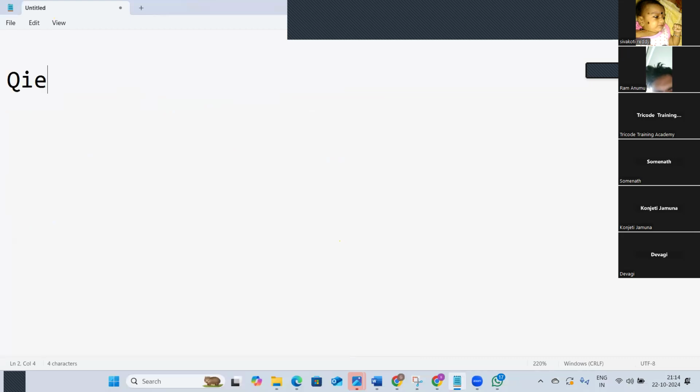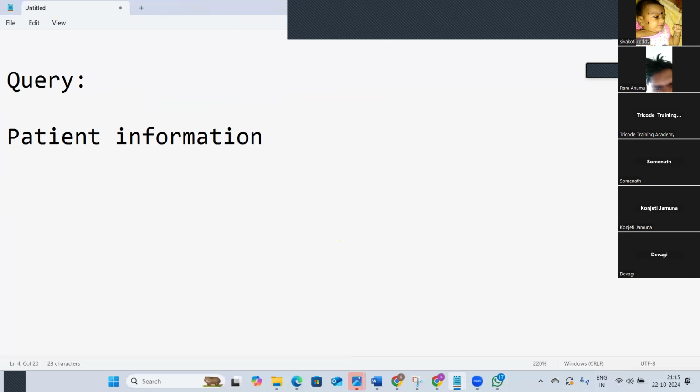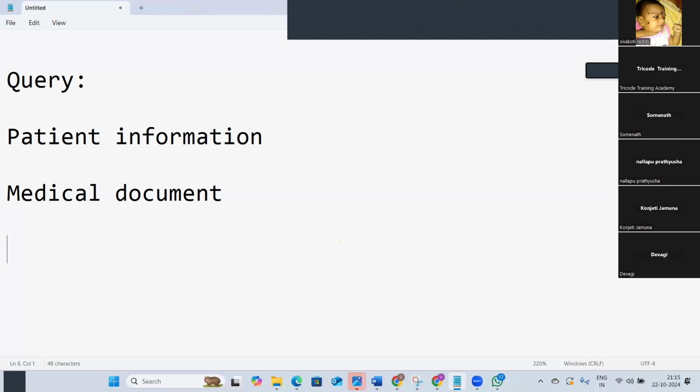So suppose we are sending a query. What is that? Patient demographic should be included. Patient information should be included here first. Next, medical documentation should be provided. Next, clinical indicators we can provide.